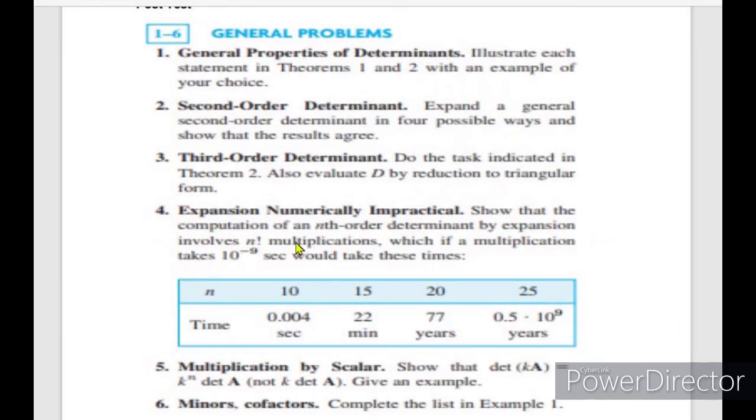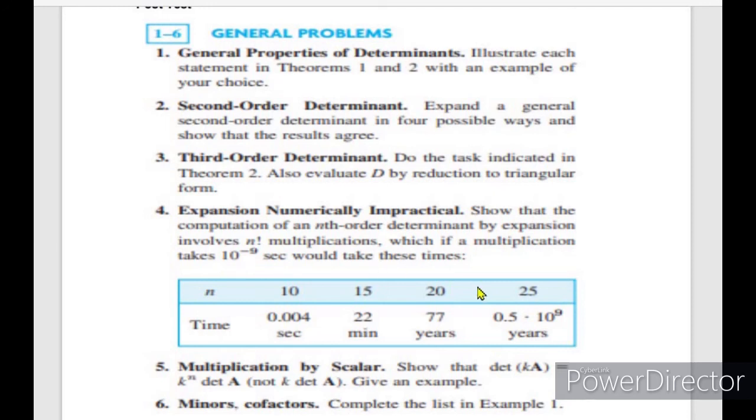Then for number 4, the expansion is numerically impractical. Show that the computation of an nth order determinant by expansion involves n factorial multiplications, which, if a multiplication takes 10 raised to negative 9 seconds, would take these times.